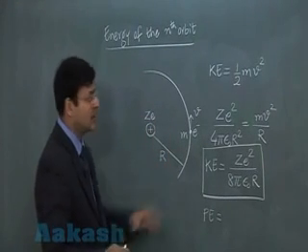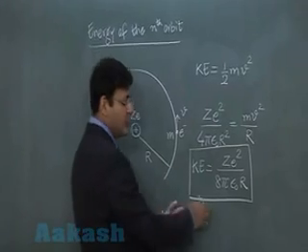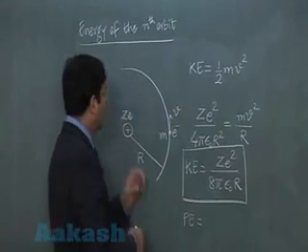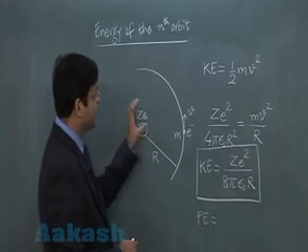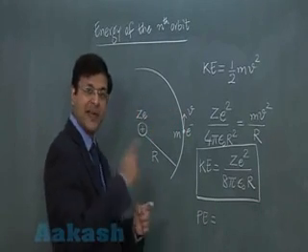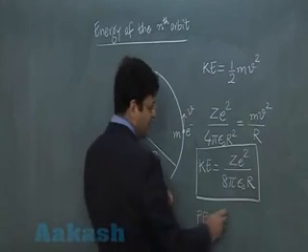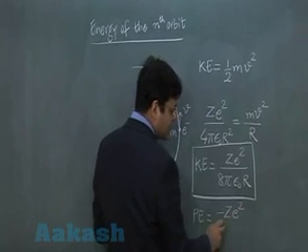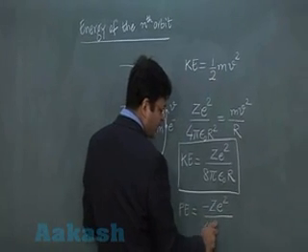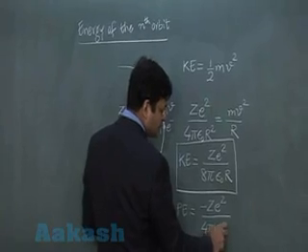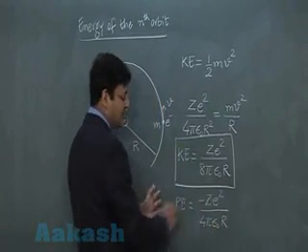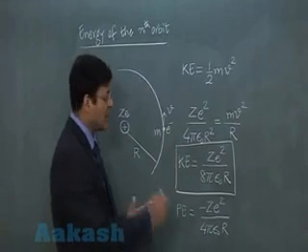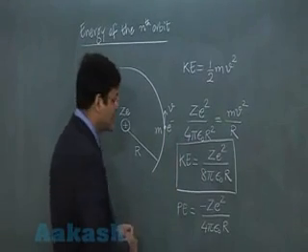For q1 you substitute Ze, and for q2 you substitute minus e, and then the expression for potential energy is minus Ze square upon 4 pi epsilon naught r. You can see kinetic energy and potential energy are, magnitude wise, inversely proportional to r, because in a lot of questions you are asked things like that.